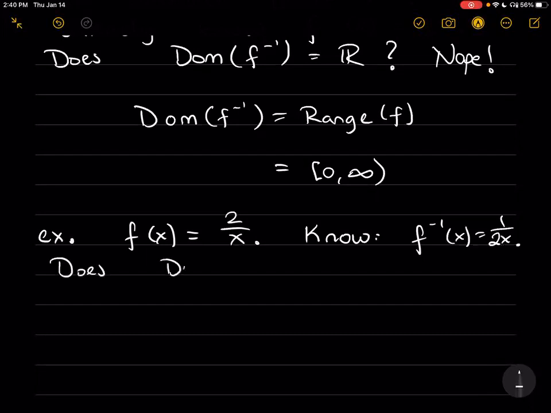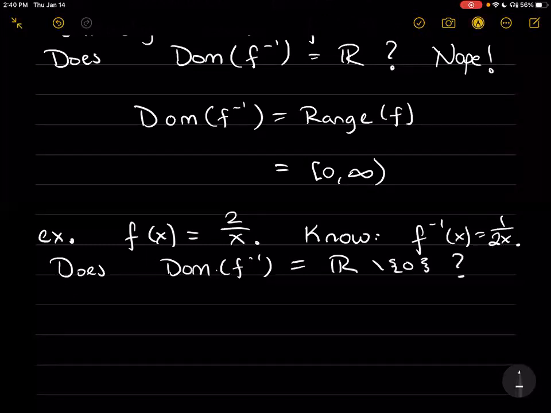So does the domain of f inverse equal, and because this is a rational function, we already know that if we were to look at 1 over 2x out of context, the domain should be all the real numbers except 0, right? Can't plug in 0, but we can put everything else in.